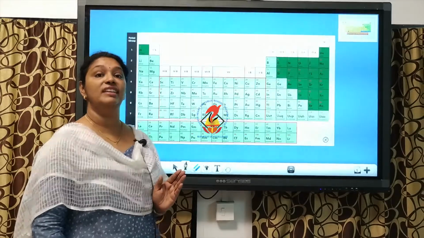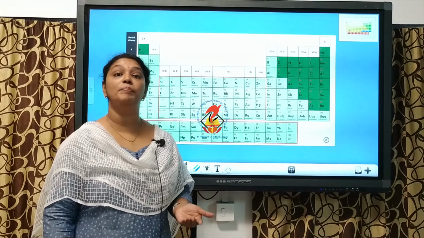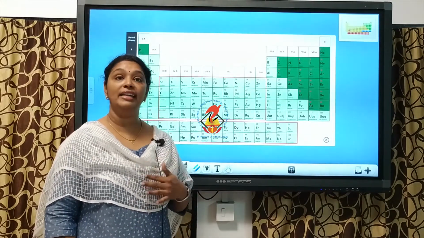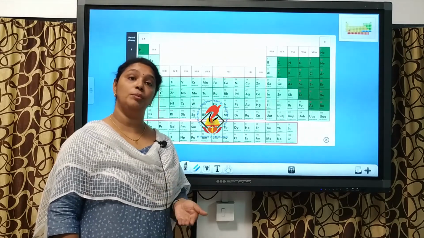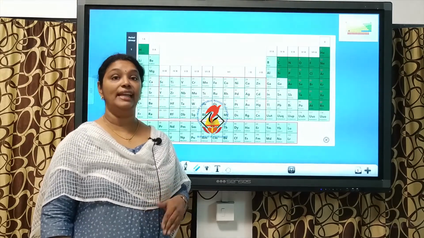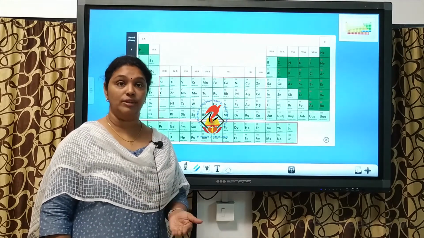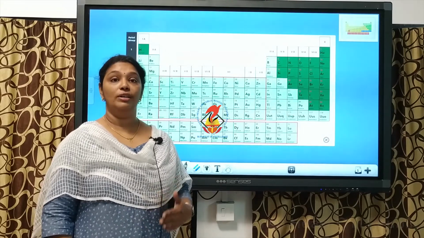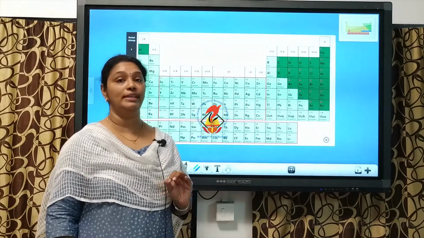Each period is given an n value, or we can say n value denotes period number. N is our principal quantum number. N equal to 1 denotes period number 1, n equal to 2 denotes period number 2, n equal to 3 denotes period number 3, like that. So we have a total of 7 periods or 7 horizontal rows in a periodic table.